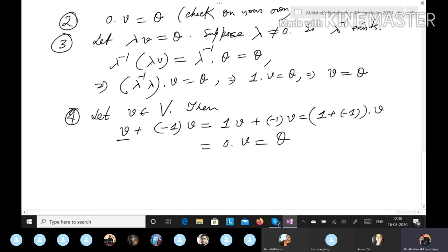So V plus minus 1 dot V is theta. That means minus 1 dot V is the additive inverse of V. So this proves the fourth case.